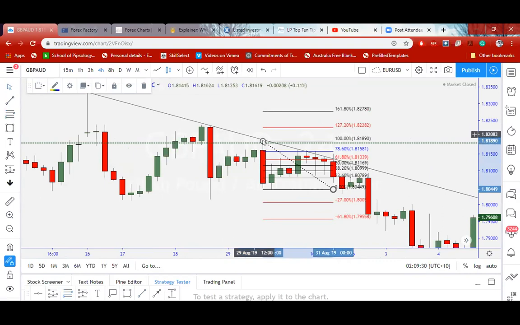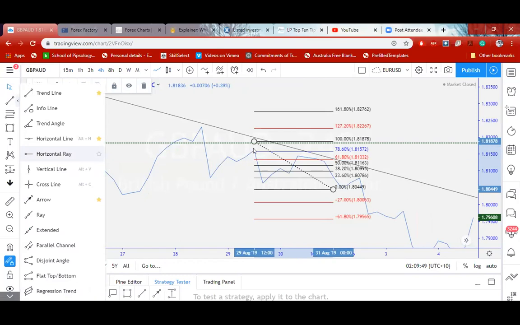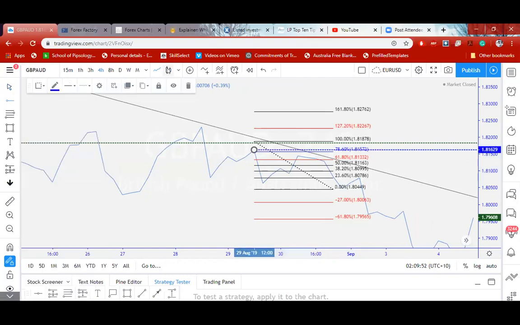Please tell me, where are you looking to go short, on 61.80 or on the 78.60? 78.60, because the trend is aligning here, and the fib is actually aligning with the trend line. Also there is a kind of support structure at 78.6.